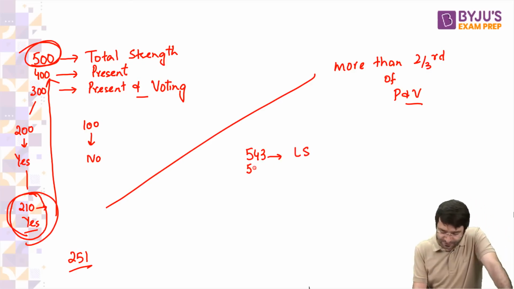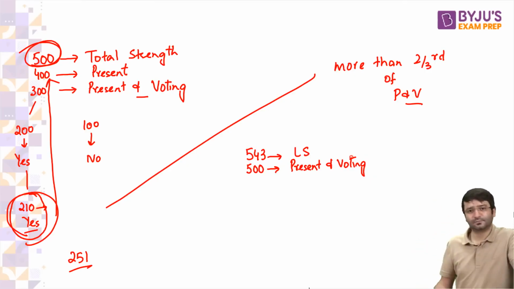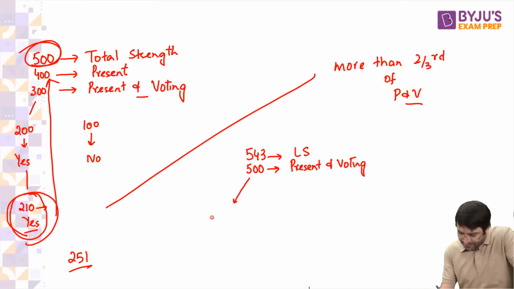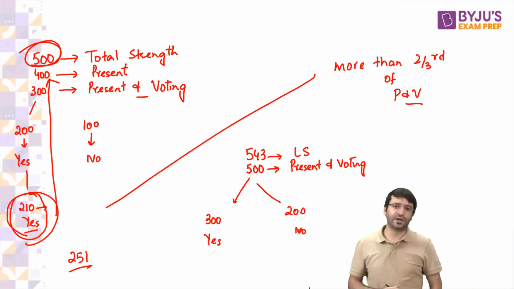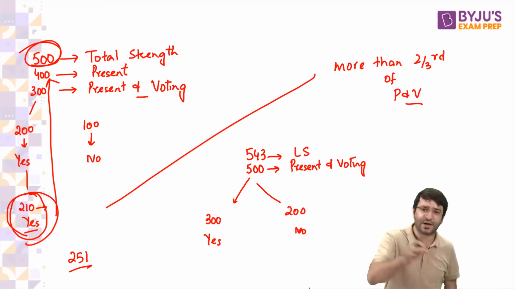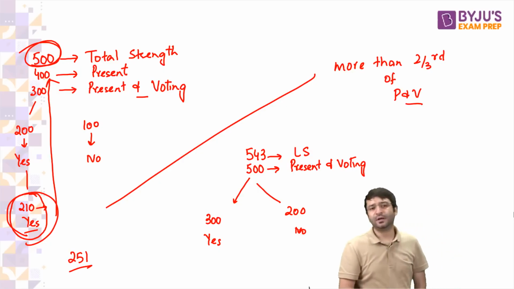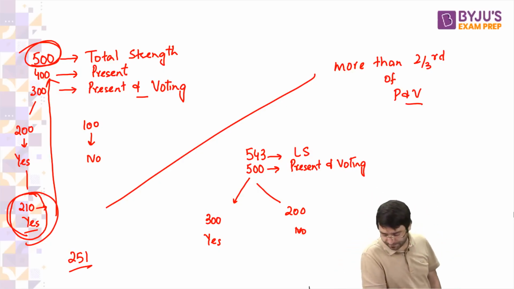Out of 543, 500 are present. 500 are voting as well. And out of these 500, 300 say yes. 200 say no. Right to safe drinking water should be a fundamental right. 300 say yes. 200 say no. Will this constitutional amendment bill be passed?